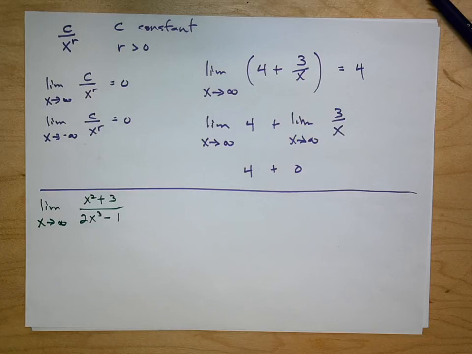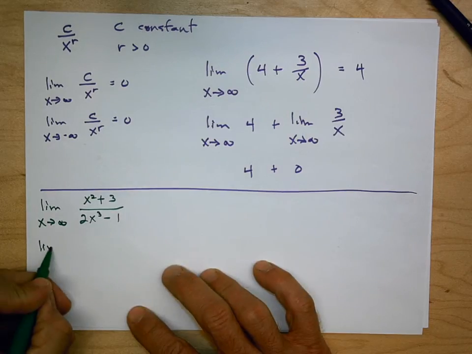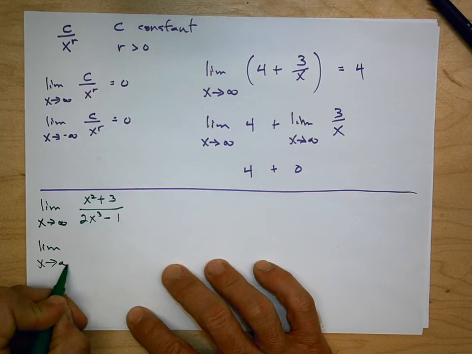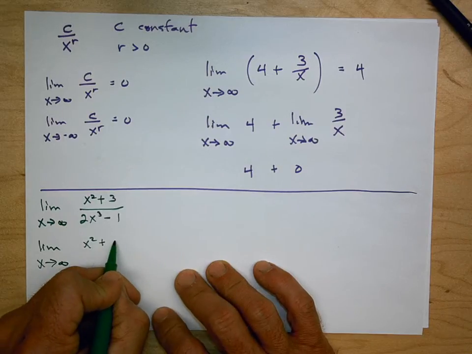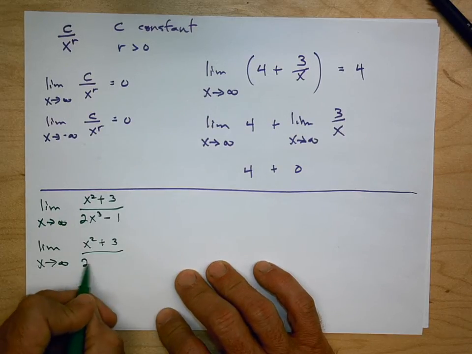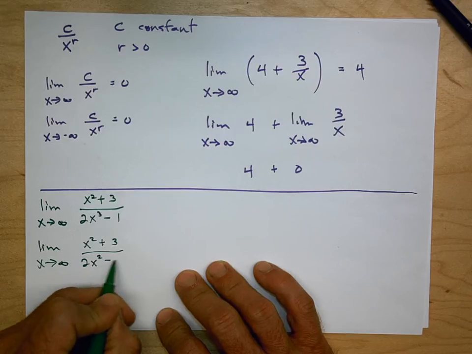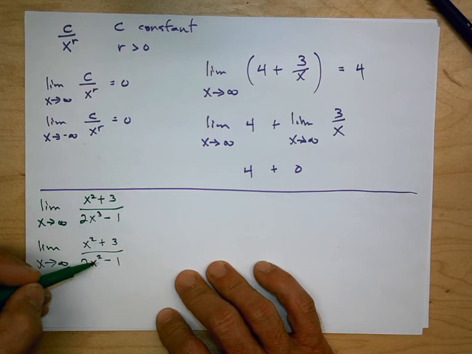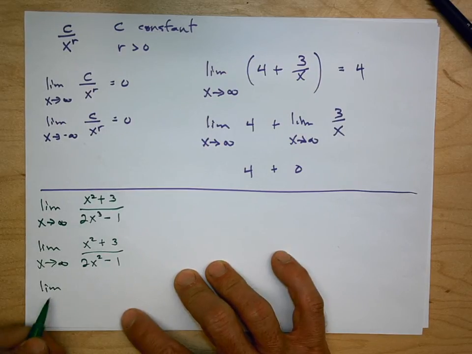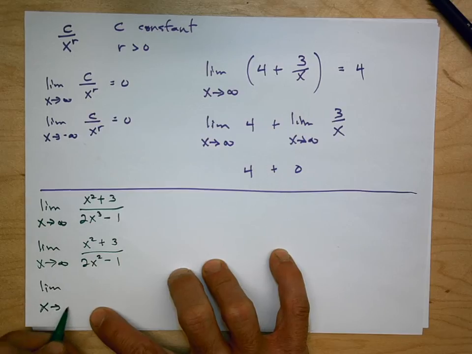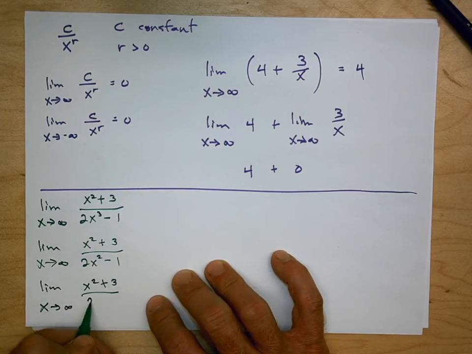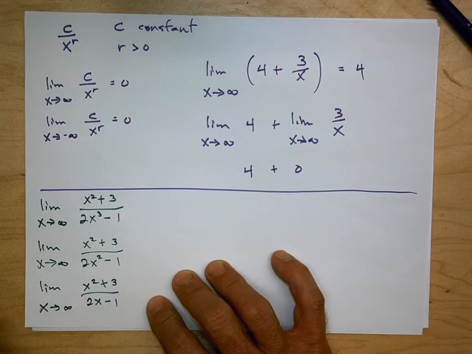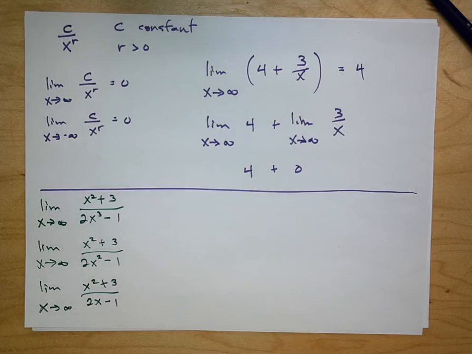Then I also want to look at the limit as x goes to infinity of x squared plus 3 over 2x squared minus 1. So I'm going to change the cubed to a squared. And then finally the limit as x goes to infinity of x squared plus 3 over 2x minus 1. So in this case it's 2x cubed, 2x squared, and here just 2x.